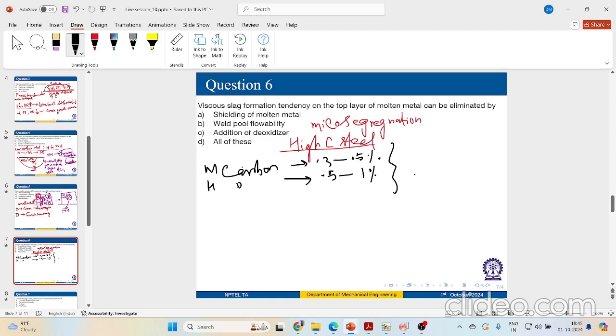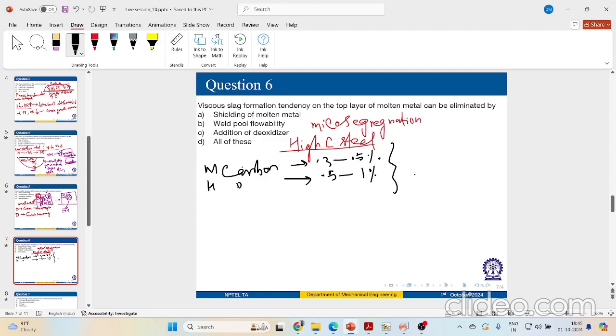Is welding of high carbon steel difficult, or is it simple compared to low carbon steel? Welding of high carbon steel is much more difficult than welding low carbon steel because of the greater tendency of martensite formation in your heat affected zone, right? So you're talking about light etching ferrite and dark etching pearlite.